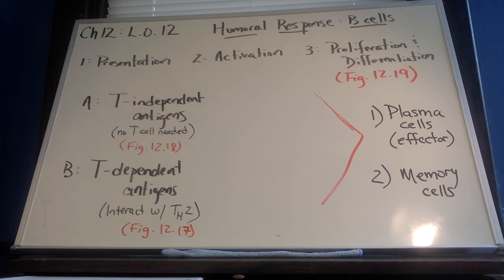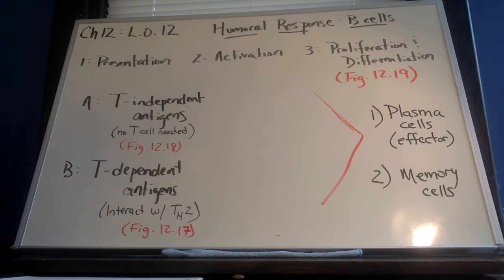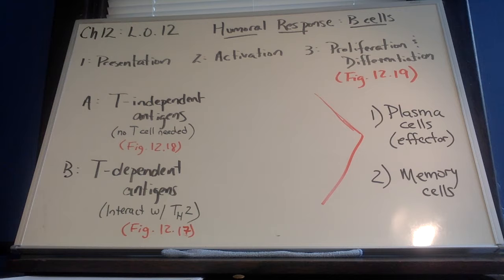B cells are not as complicated in their presentation. As a matter of fact, B cells don't actually need to have a reaction with a T cell or an APC. As you can see in figure 12.18, what we have are T-independent antigens.